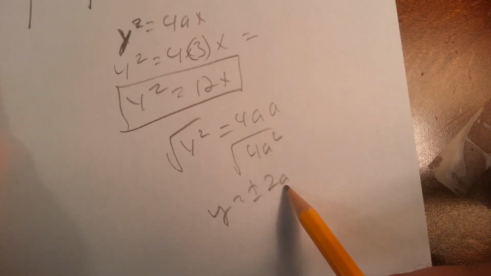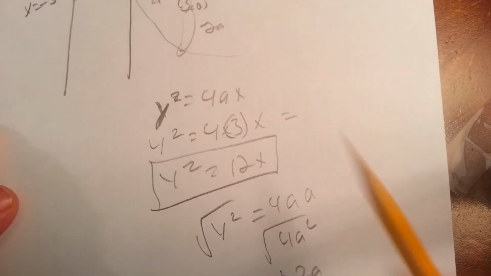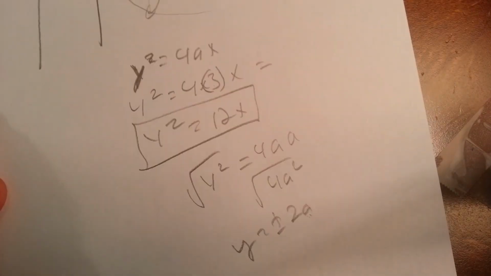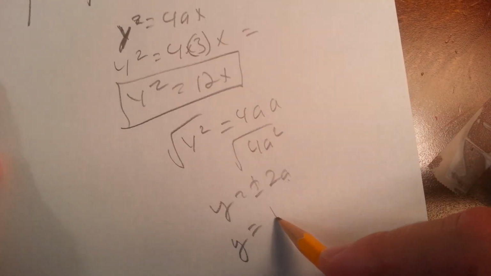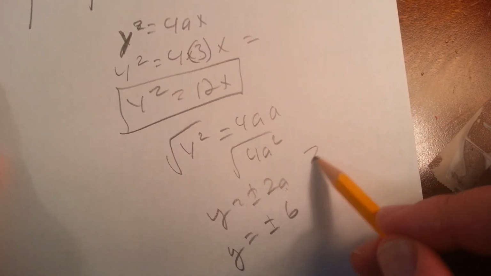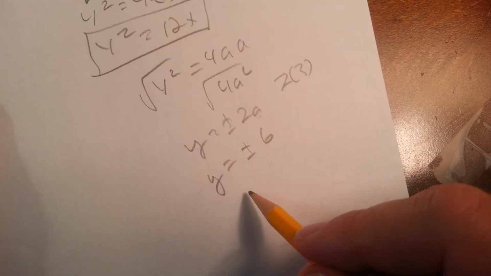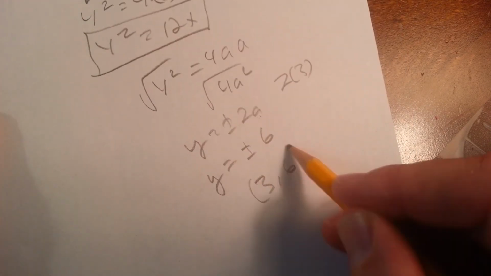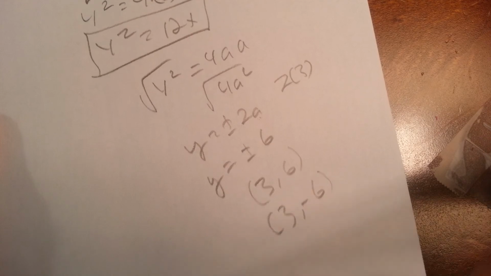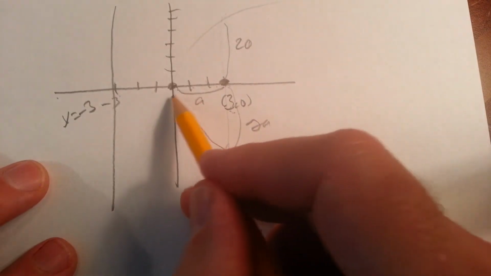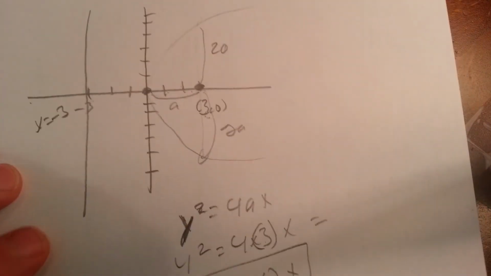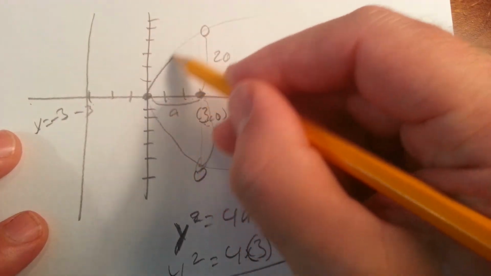And we know that a is 3. Okay? A is 1, 2, 3. So my y component with an x of 3, right, is plus or minus 6. 2 times 3. So my 2 points are 3, 6 and 3, negative 6. Okay? So that's 1, 2, 3, 4, 5, 6. 1, 2, 3, 4, 5, 6. So that would be the points that I can draw through and shape my parabola.